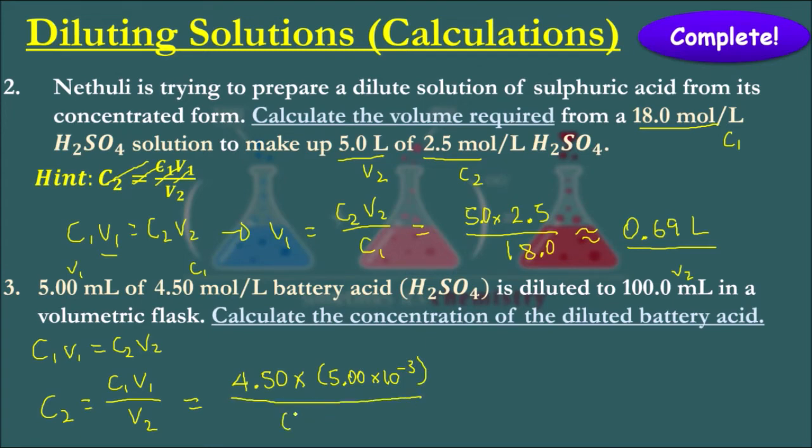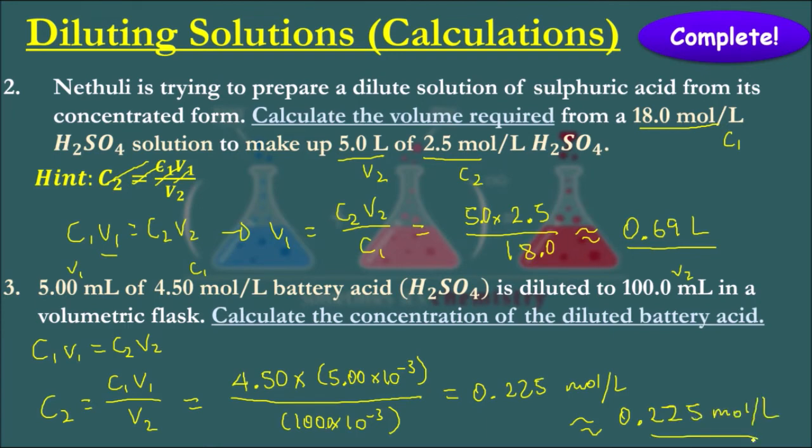And then we also have 100 milliliters, and that leaves me with an answer of 0.225 mole per liter. I have the right rounding off anyway, 3 significant figures, mole per liter, all good. So that's how you do that question there.